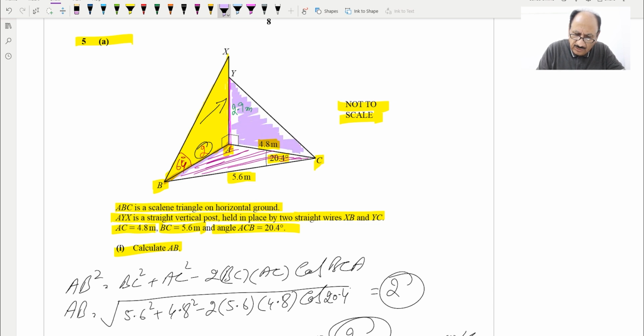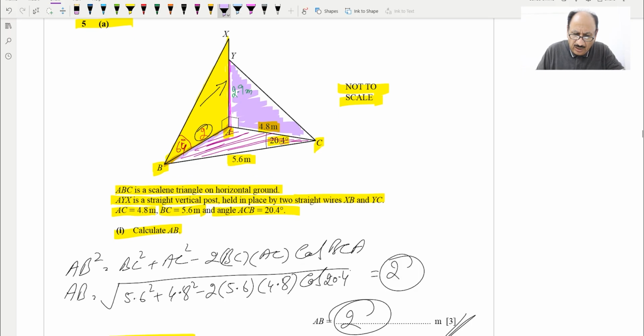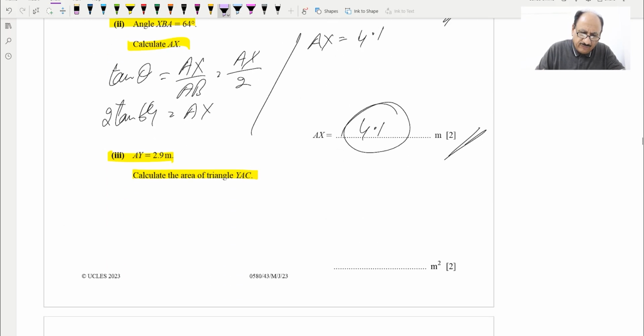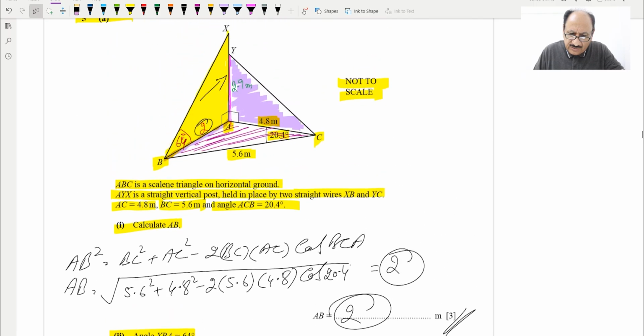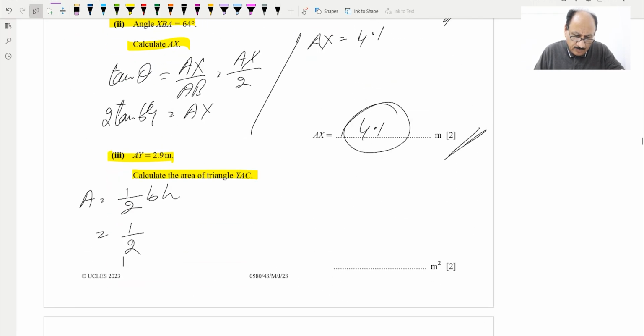We will take the base, and the height we also have. Area is equal to half into base into height, which is half into base 4.8 and height 2.9.